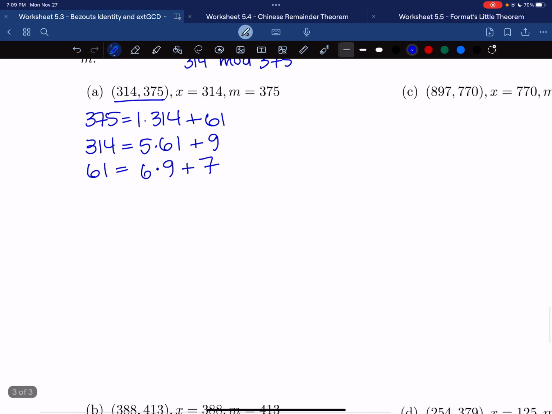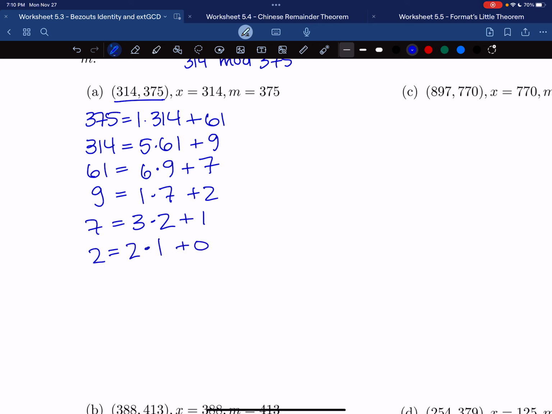And 9 is equal to 1 times 7 plus 2. 7 is equal to 3 times 2 plus 1. That's going to be where we end off because 2 is equal to 2 times 1 plus 0. And so we know that this becomes the GCD. GCD of 375 and 314 is 1. Okay, so all well and good.